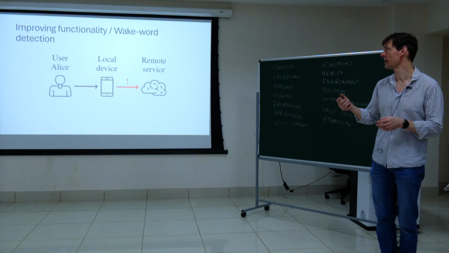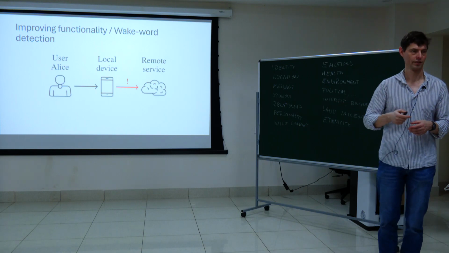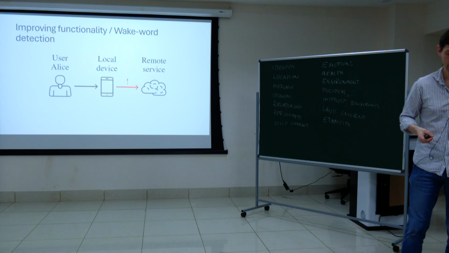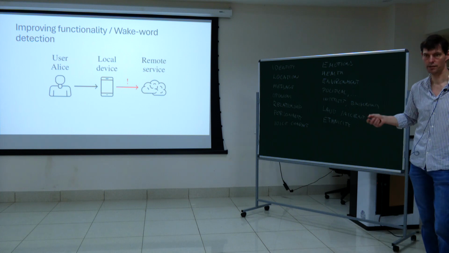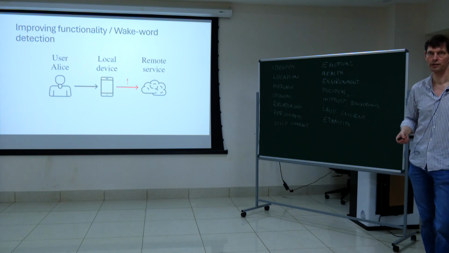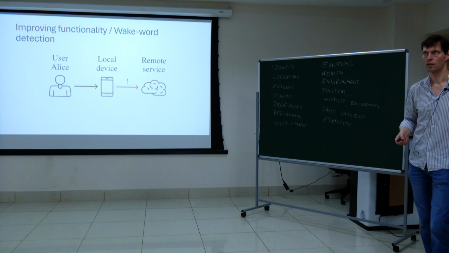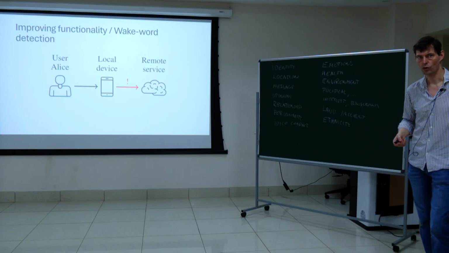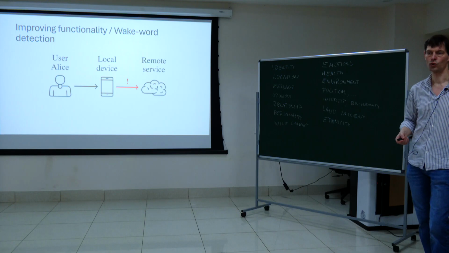So we need to improve the wake word module to avoid this. And it is important in the sense that quite often it's always a balance between utility and privacy.